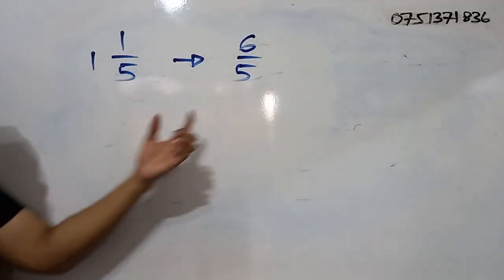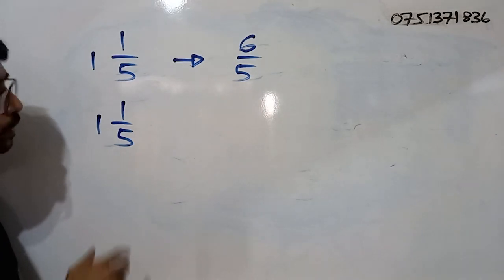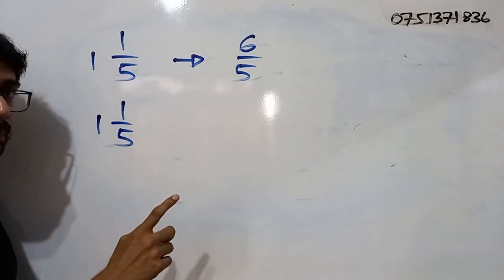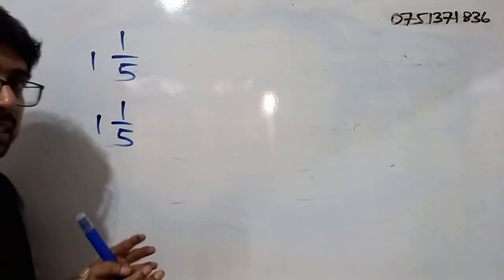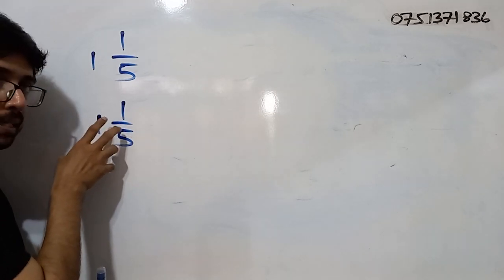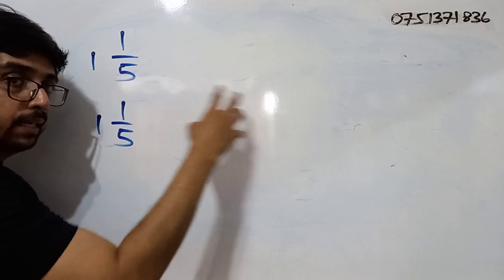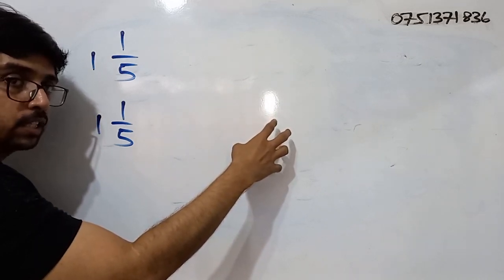So we will learn how to get this fraction. The first thing that you need to remember is, when we convert this mixed number into an improper fraction, that improper fraction has what?